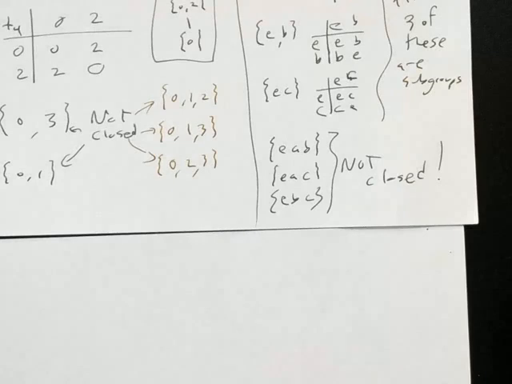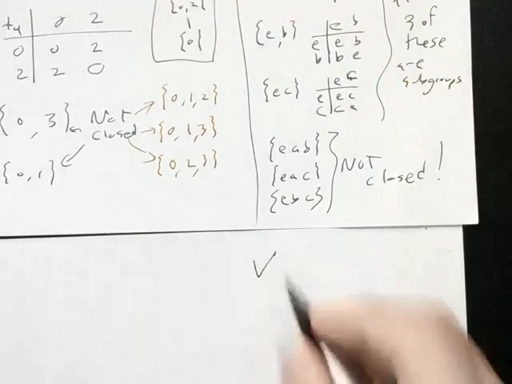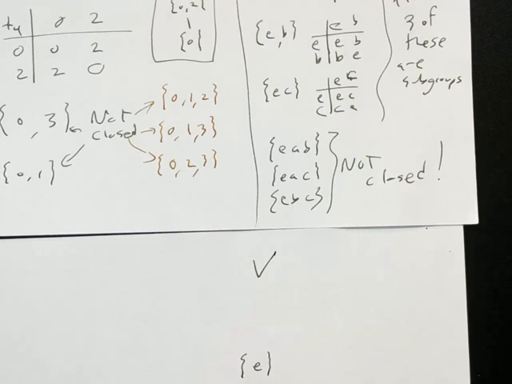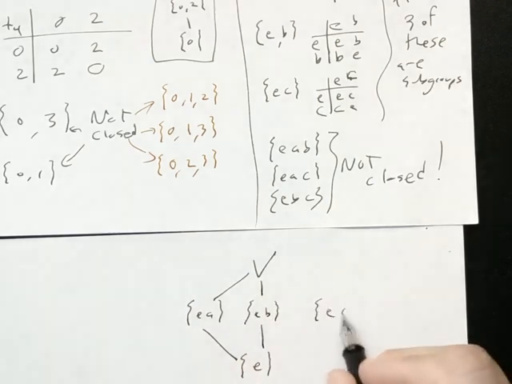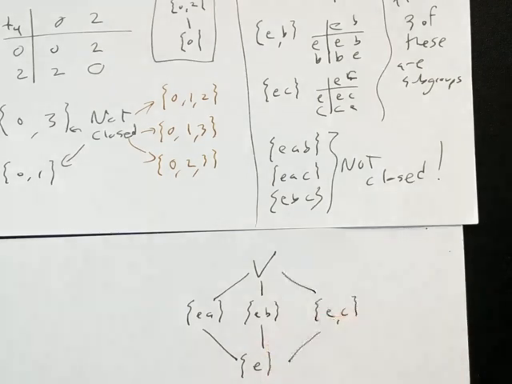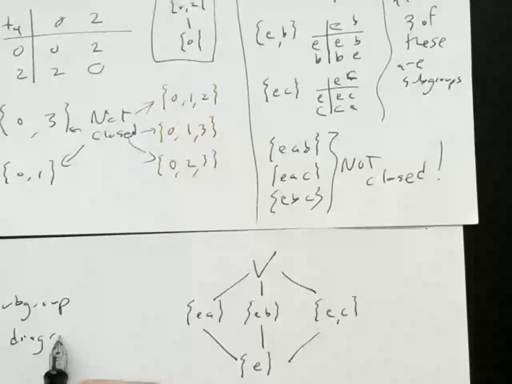So I have the whole group on top. I have EA, which is a subgroup of the whole thing. I have EB, again, sort of containment. I have EC, and this sort of containment. That's the Klein 4 group.